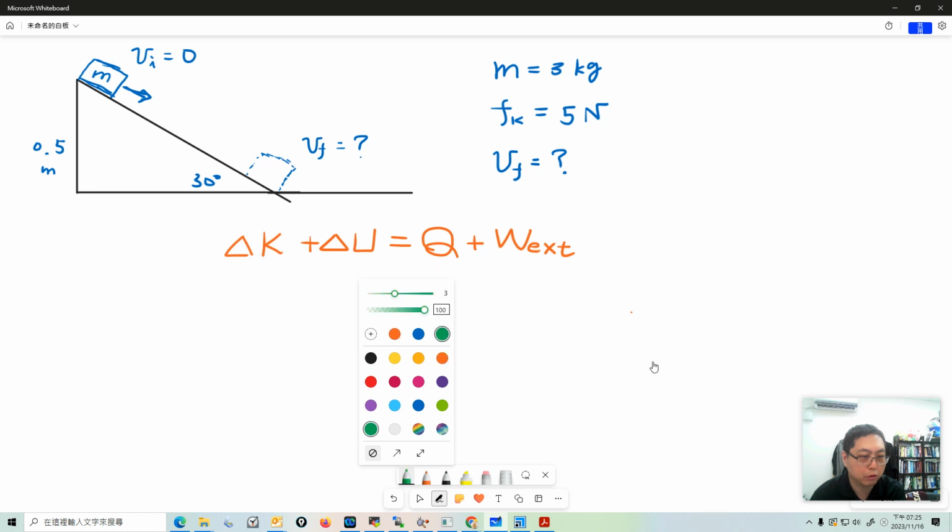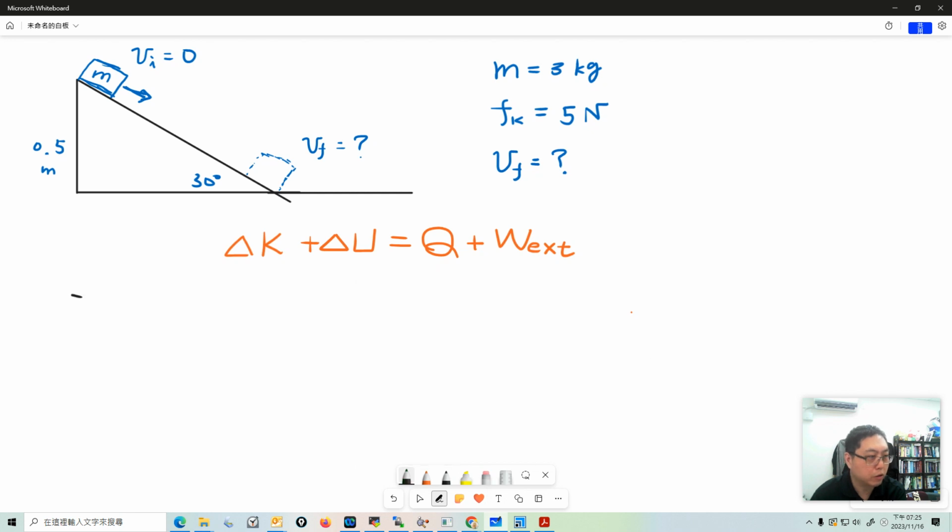Don't jump to conclusions. Let's start with the initial state, which is here, right on top, and then the final state.